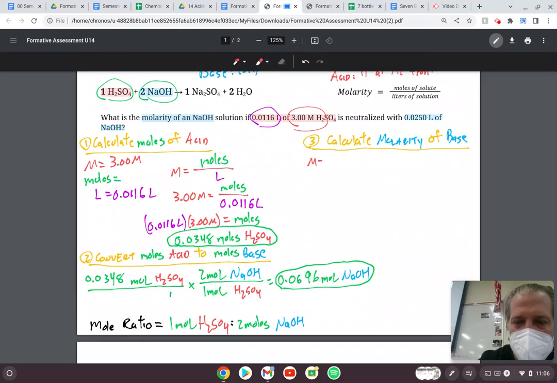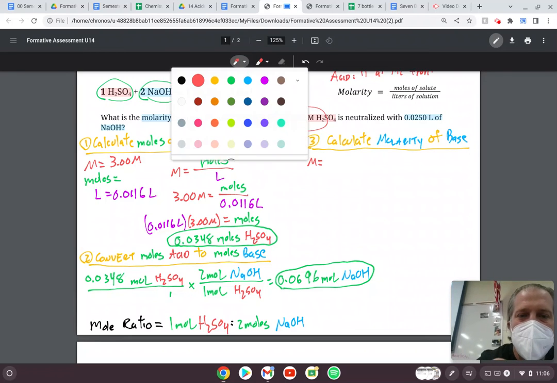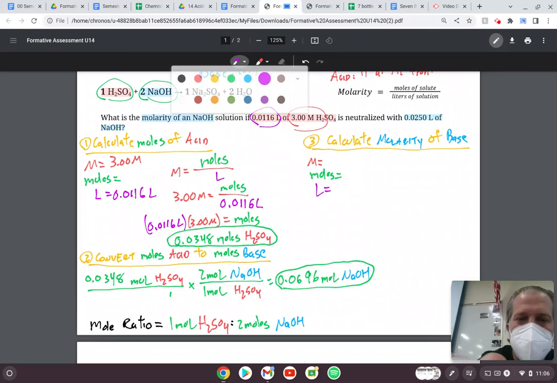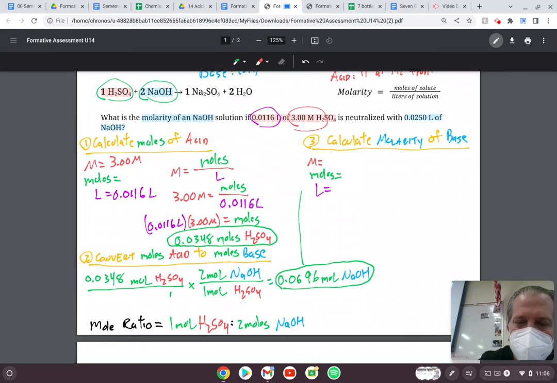Molarity is equal to moles divided by liters. In this problem, we just calculated the number of moles, which is 0.0696 moles.